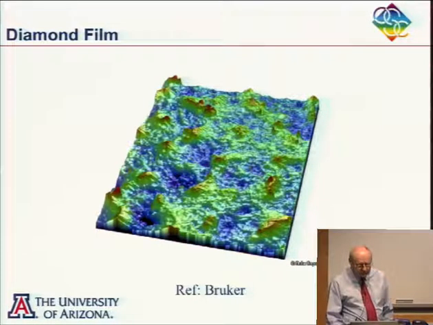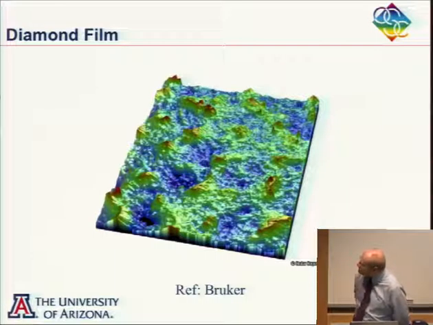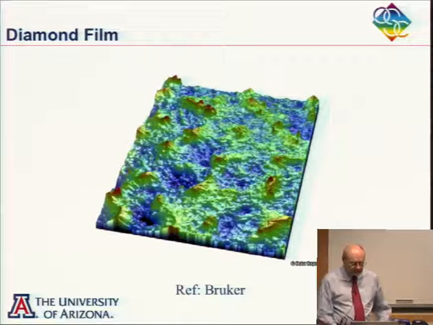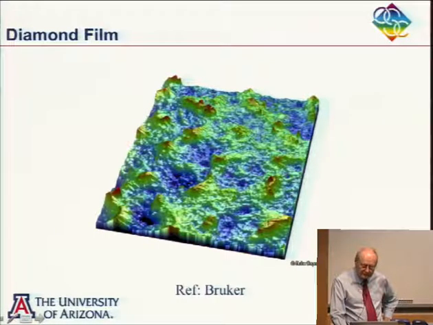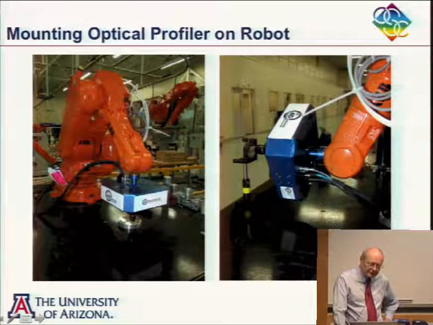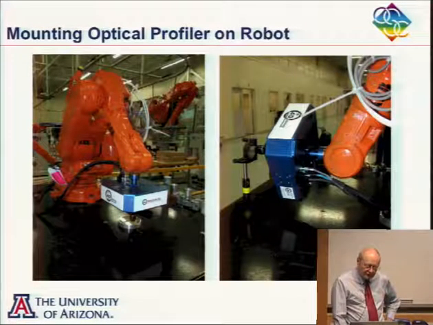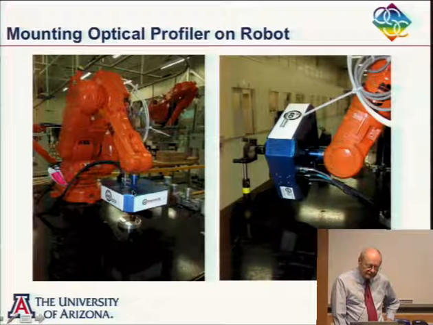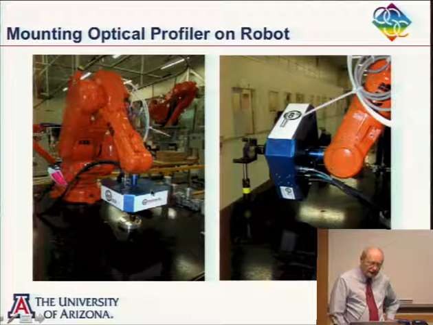And this is a diamond film. Height scale is... The last one here is a picture we took out at 4D. This is using a little profiler, phase shifting, you see the objective here.